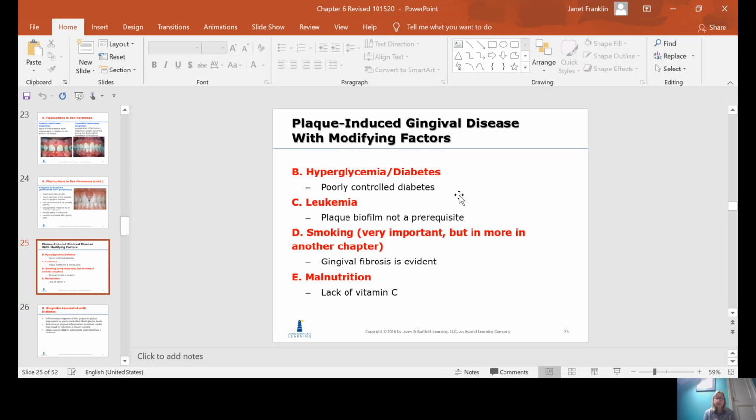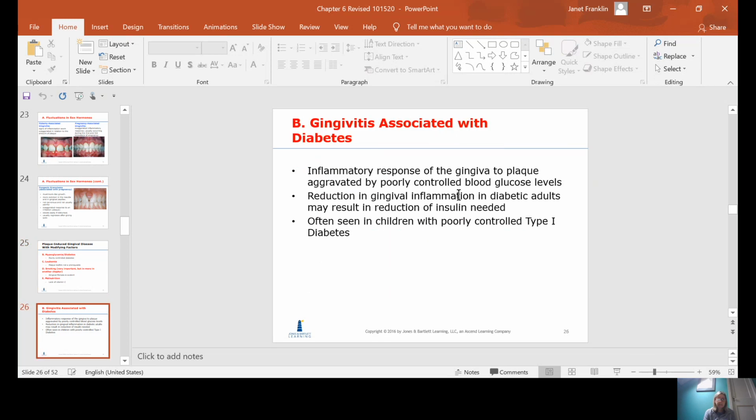We're going to talk about smoking pretty extensively in another chapter. Not just smoking, but chewing tobacco, vaping, hookahs, all those things that people now do that bring nicotine into their body, and even just the smoke itself. And then malnutrition or lack of vitamin C can cause some problems.